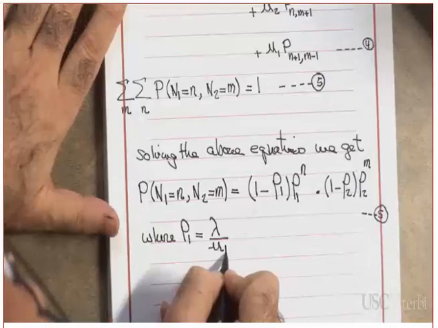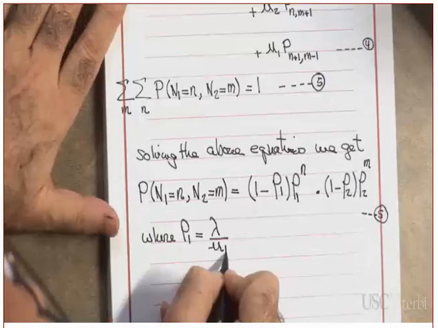What does that tell you about the inter-departure times? Do you understand, first of all, what inter-departure times are? Times means what? The times between what? Between the departures from Q1. Clear?